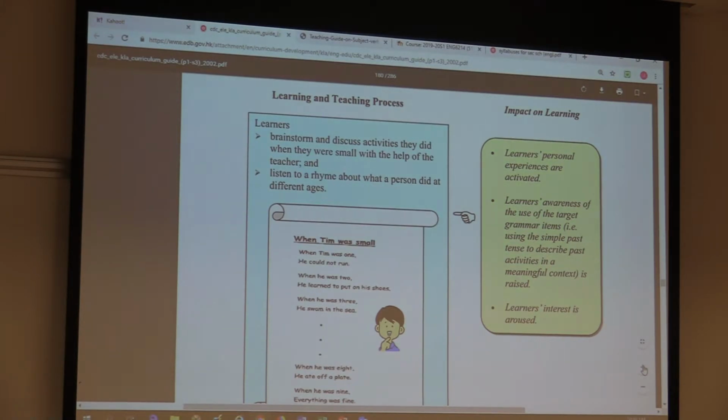After the second activities on this page, the students are asked to relate John's past activities to their personal experiences, so they can link the learning and their own life. That's important. But in terms of the exercise itself, the language practice, I think the first one requires the learners to only write one word, the action verb.